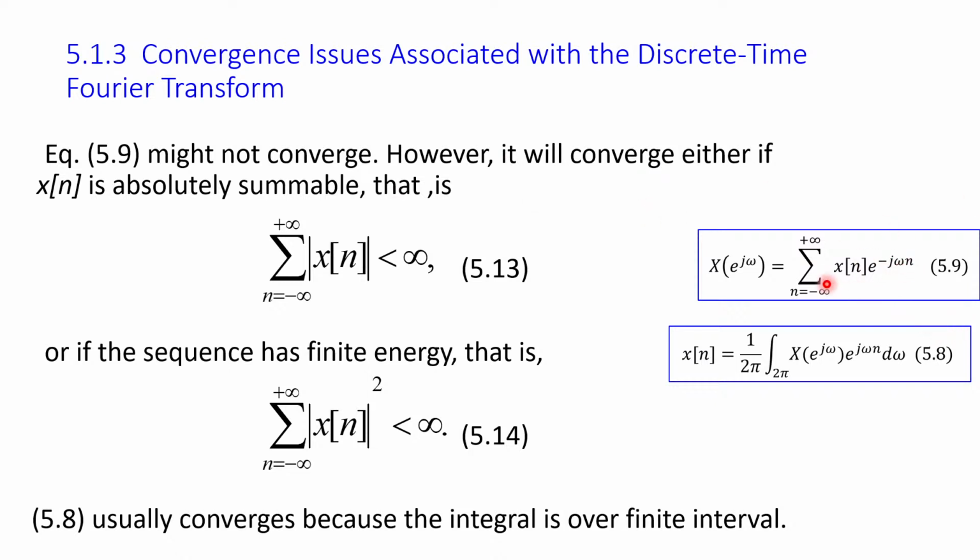But here we have a discrete signal, so there is no notion of discontinuity, and the number of minima and maxima is going to be finite. So they are basically automatically satisfied, and you only need to be absolutely summable for this to be nice. The other condition is finite energy, and we also have a similar condition in continuous time.